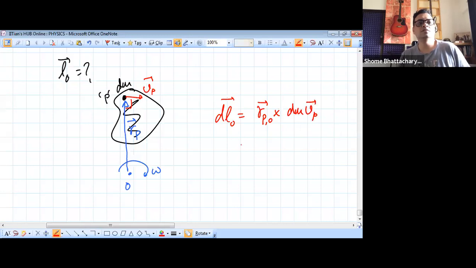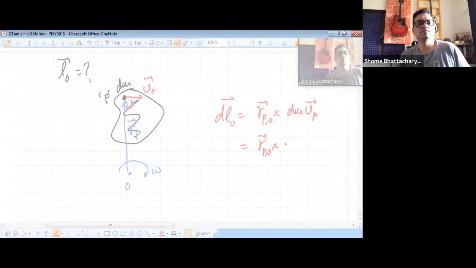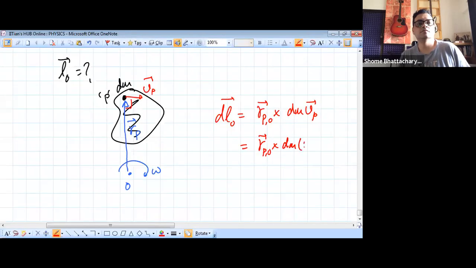So this becomes r cross omega cross r. So from the definition of the triple product, you can see that this becomes dm r squared into omega.